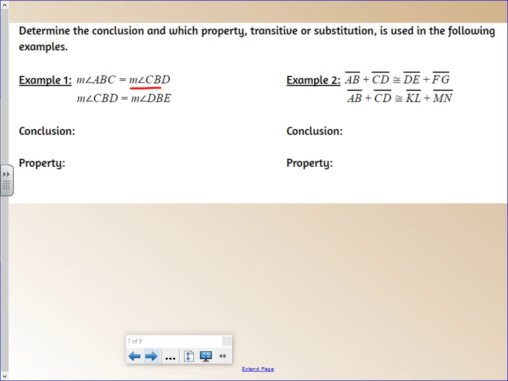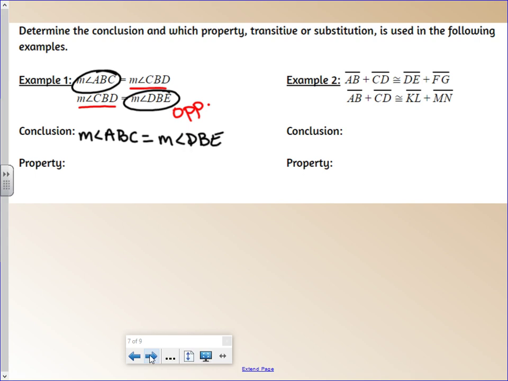So the measure of angle ABC is equal to the measure of angle DBE. Because it's on opposite sides, this is the transitive property of equality, because I'm working with an equal sign here.